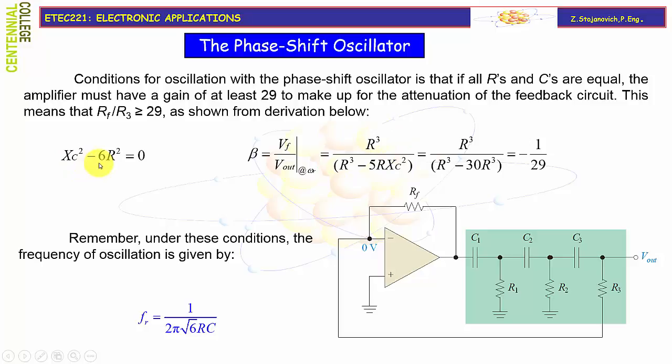Xc squared is equal to 6R squared, and if you substitute that value here, you will get the expression negative 1 over 29. Negative again indicates that there must be a shift of 180 degrees for the net phase shift of 0 around the loop.